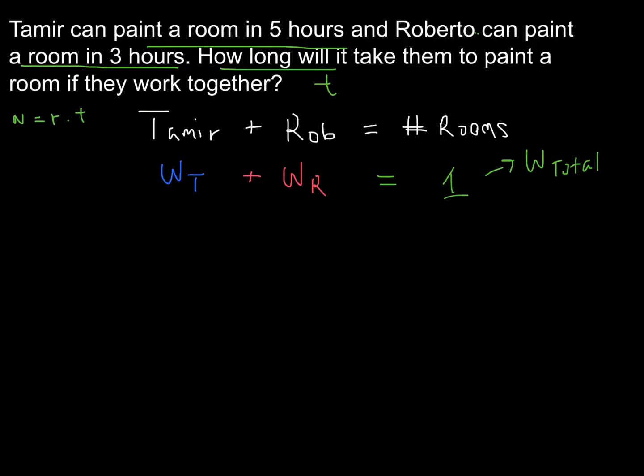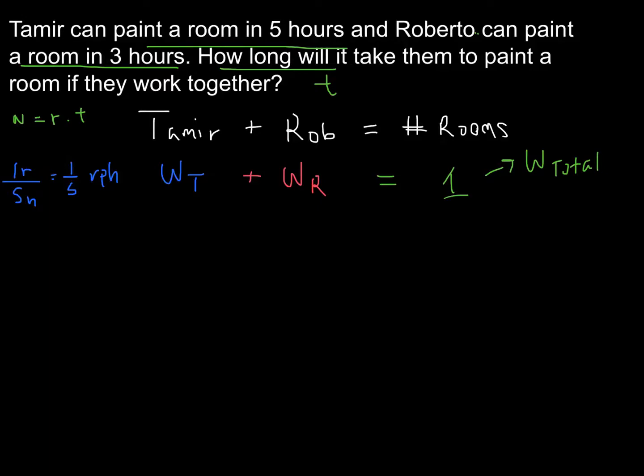Well, if I paint one room in 5 hours, then I'm going to be painting 1/5 of a room every hour, right? And I should say 1/5 of a room per hour, or RPH, rooms per hour, right?